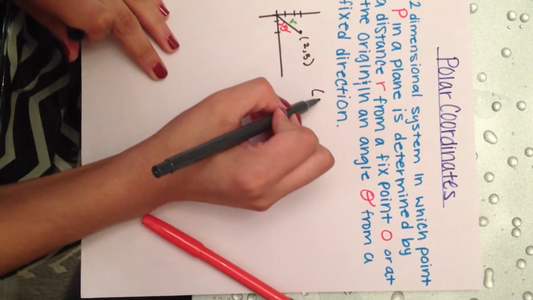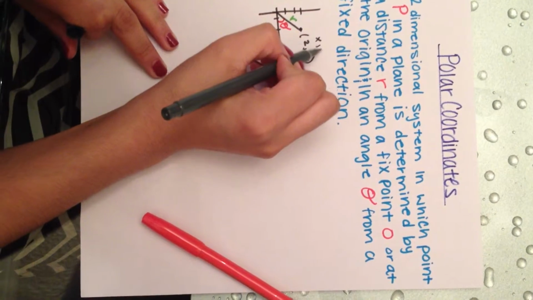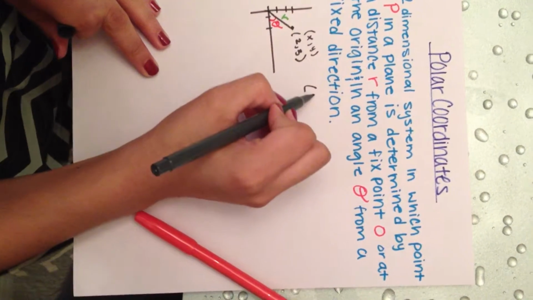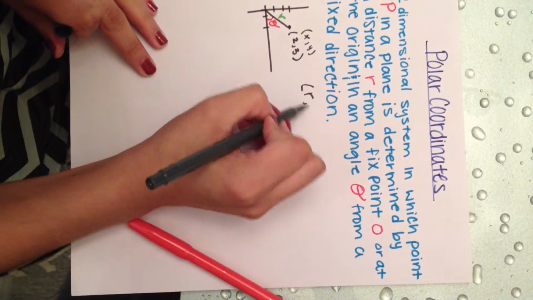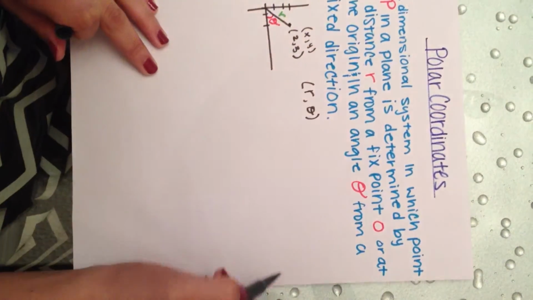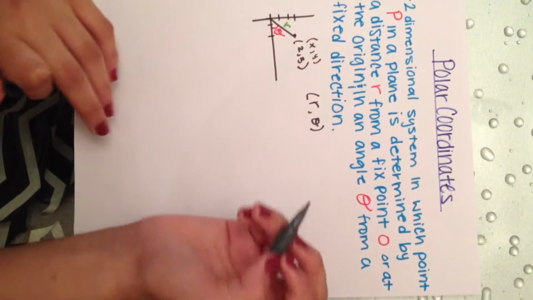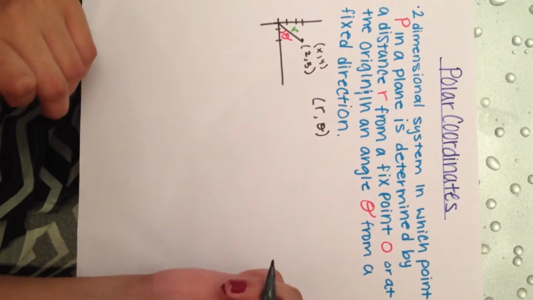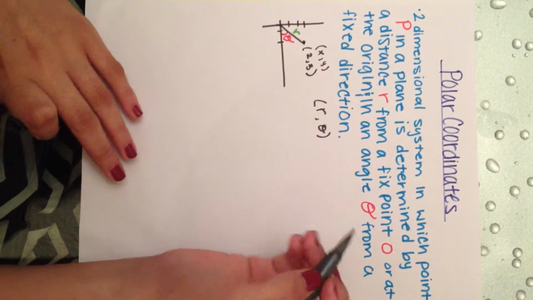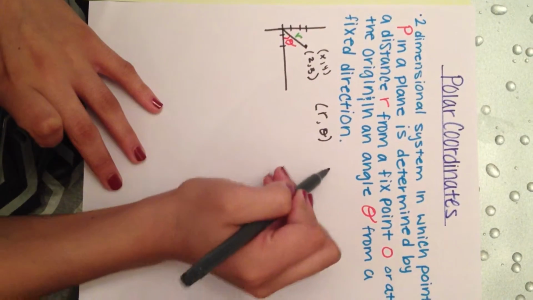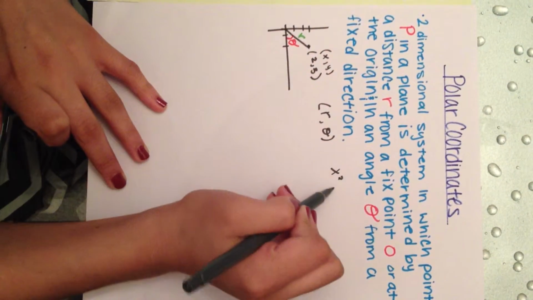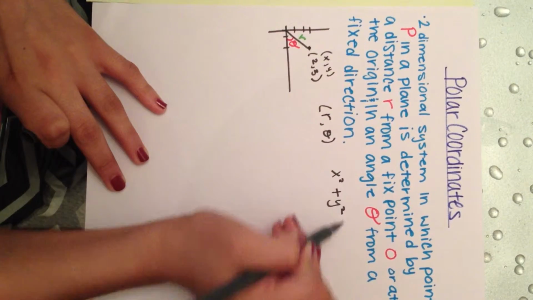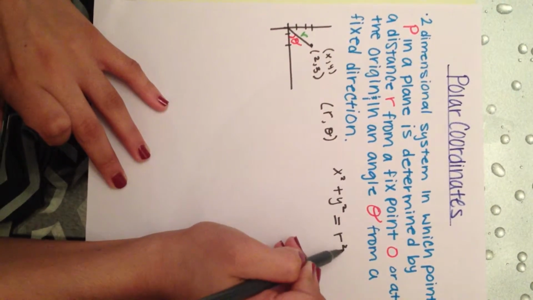the polar coordinates of the x and y coordinate, which is r and the angle. To find that, we have a formula for polar coordinates, which is basically the same thing as the Pythagorean theorem but with different variables: x squared plus y squared equals r squared.